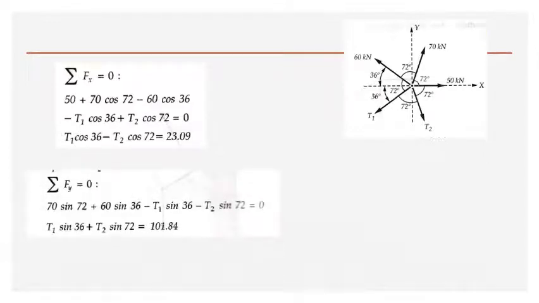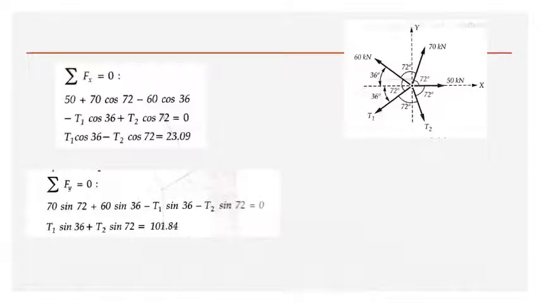Now apply the algebraic summation of all the vertical forces as equal to 0. We get 70 sine 72 upwards plus 60 sine 36, that is also upwards, minus T1 sine 36, that is downwards, minus T2 sine 72, that is also downwards. The 50 kilonewton force does not have any vertical component as it is acting directly horizontally.